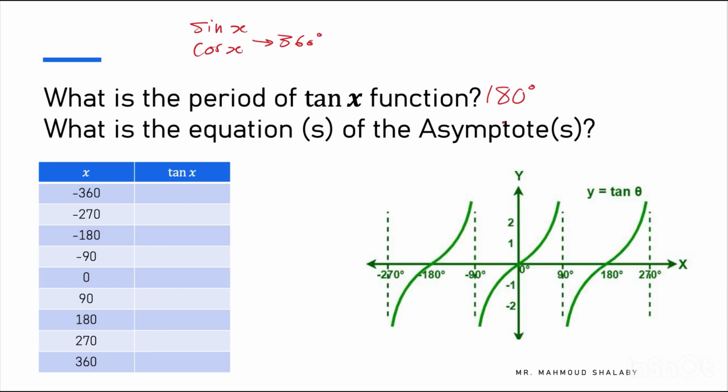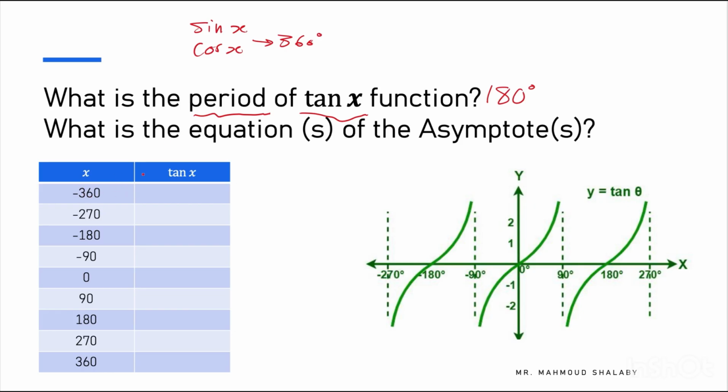So this is the first thing to keep in mind. It's not the same as the sine and cosine. All right. What is the equation or equations of the asymptote? So before we do this, I want you to solve this question.